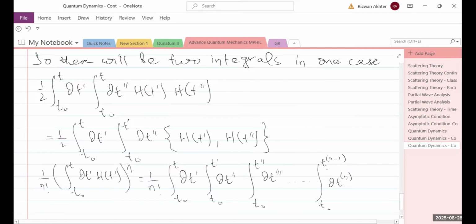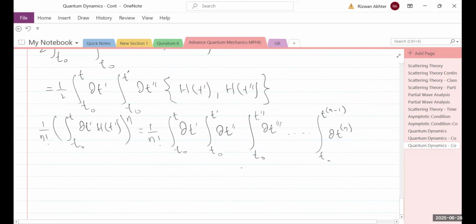And then we would have those Hamiltonians in the last integral. And वो जो Hamiltonians हैं उनको आप जब लिखेंगे, so those Hamiltonians would be written as h of t prime, h of t double prime, h of t triple prime, so on.